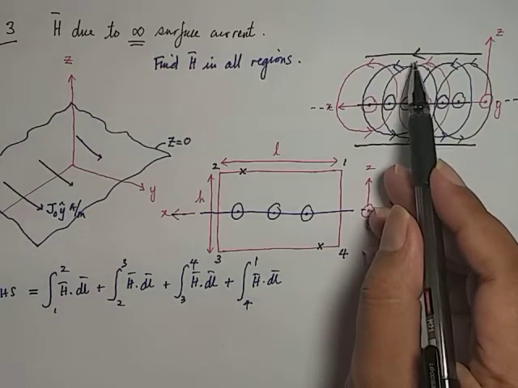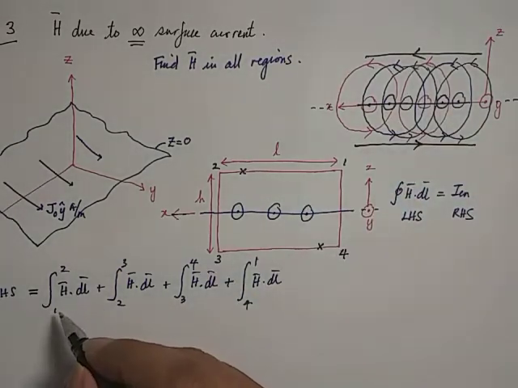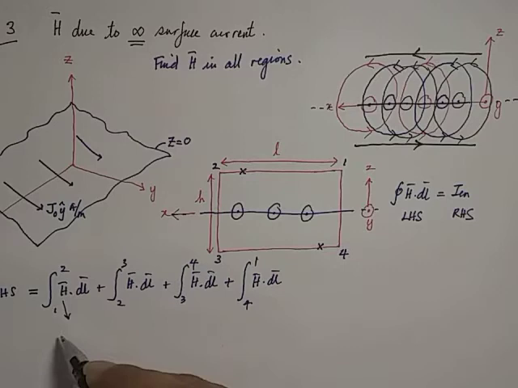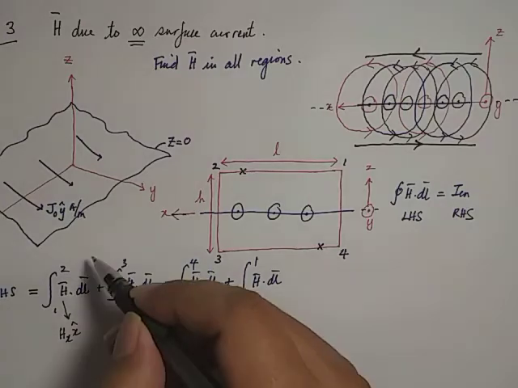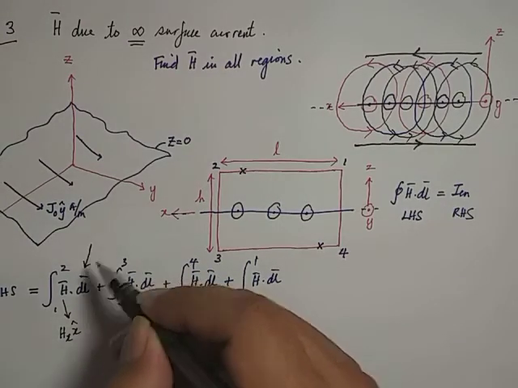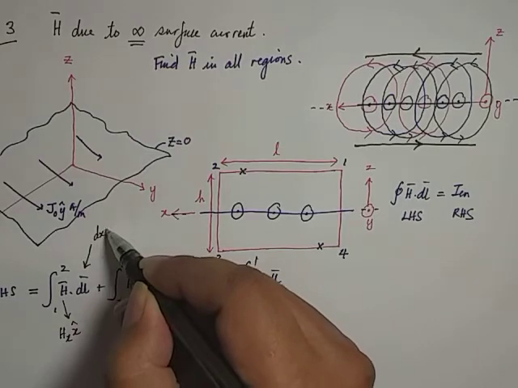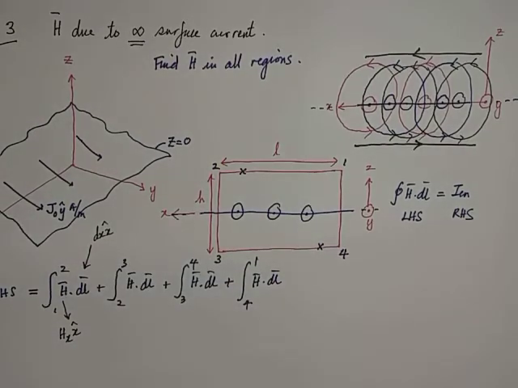Always obey this pattern. Therefore, my H here should be Hx in the x direction. Hx in x direction. So what should be my dl? It should be dx in the x direction as well.